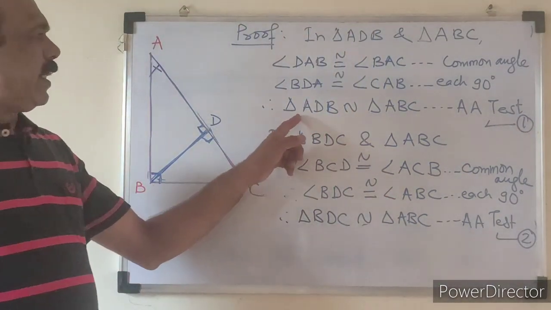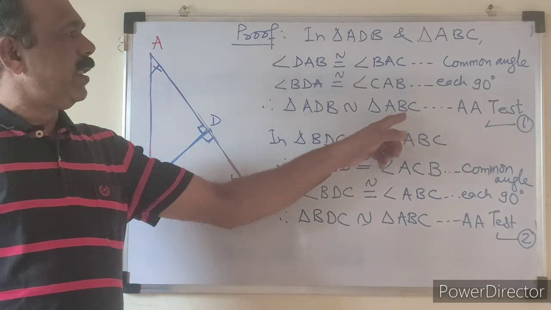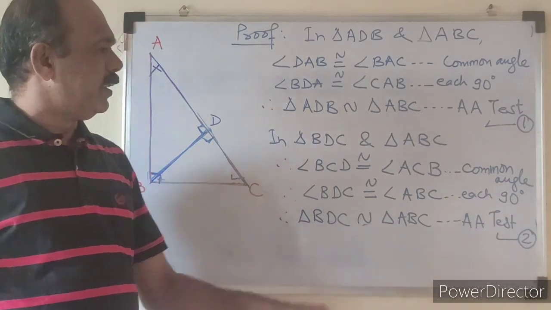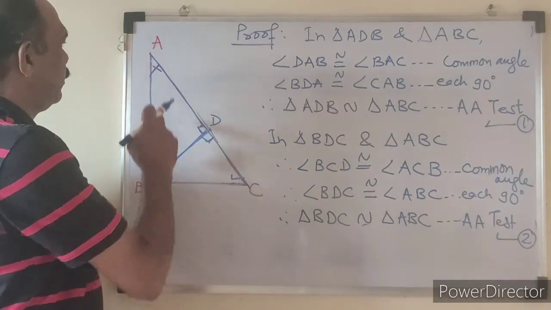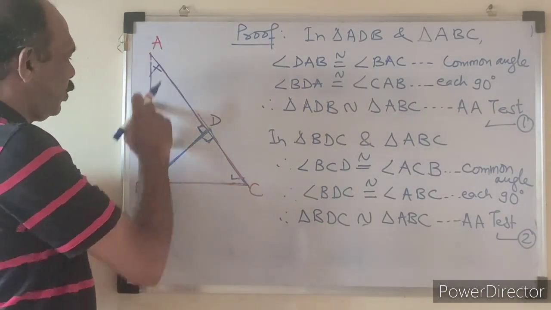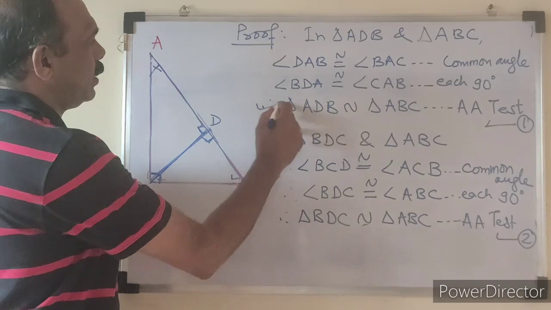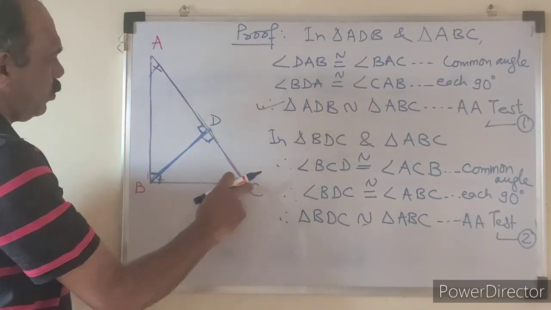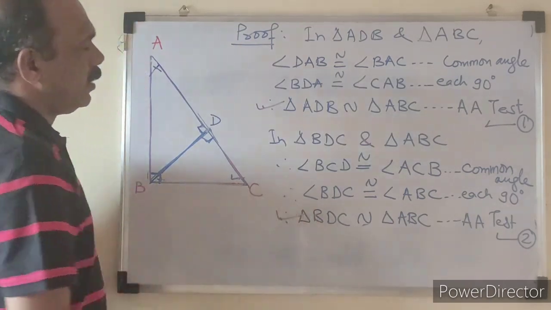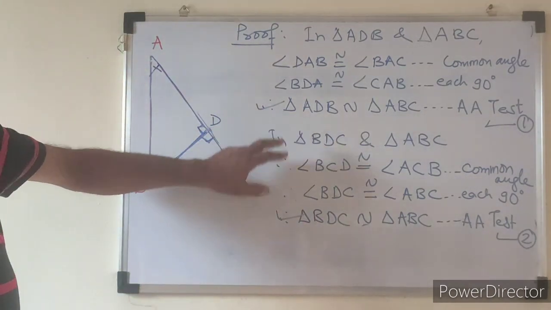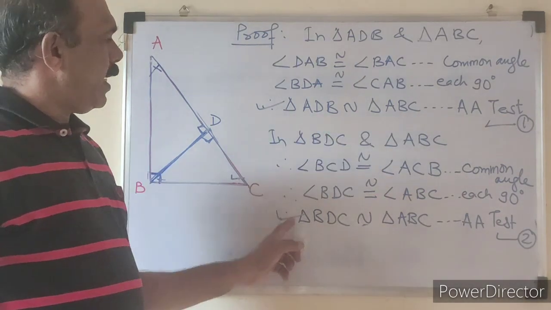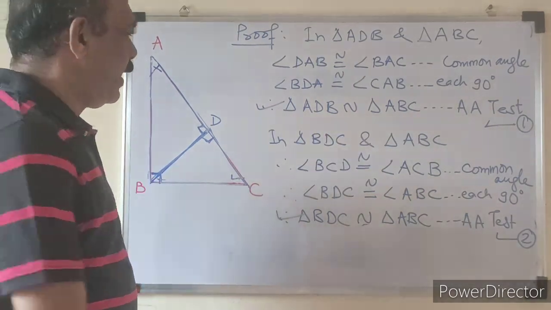Now see here, triangle ADB similar to triangle ABC, the first proof; triangle BDC similar to triangle ABC. So these two triangles are similar to the original triangle.